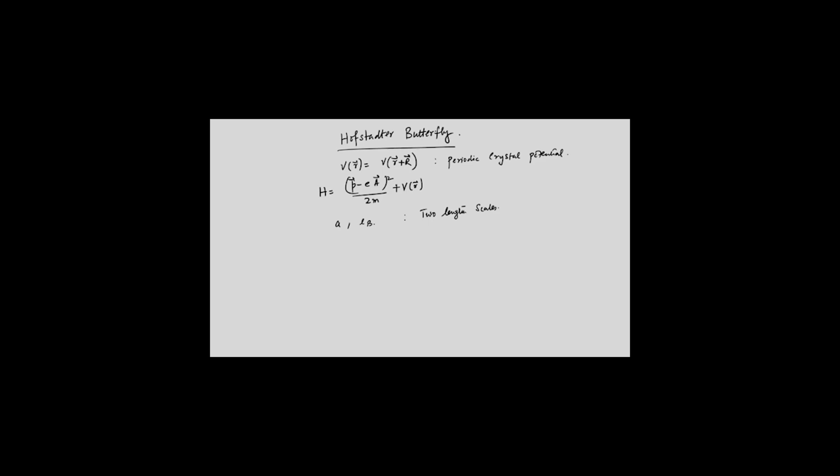Okay. So, this fractal nature of the spectrum was first discovered or rather seen by D. Hofstadter, and that is why it is called a Hofstadter butterfly, in 1980. Okay. When he solved what is called the Harper equation, we'll come to that, but let me not go into details of the Harper equation.